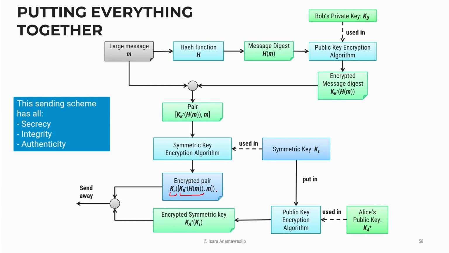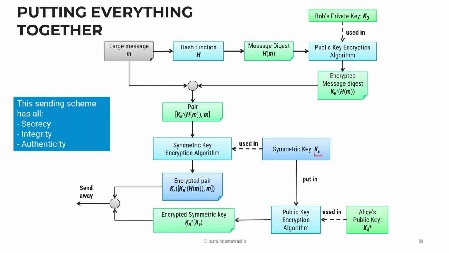But now, this leads us to the key distribution problem. How can Bob and Alice share this key KS and be sure that Trudy doesn't intercept or know about this key? The solution to that is we are going to encrypt this key using Alice's public key KA+.